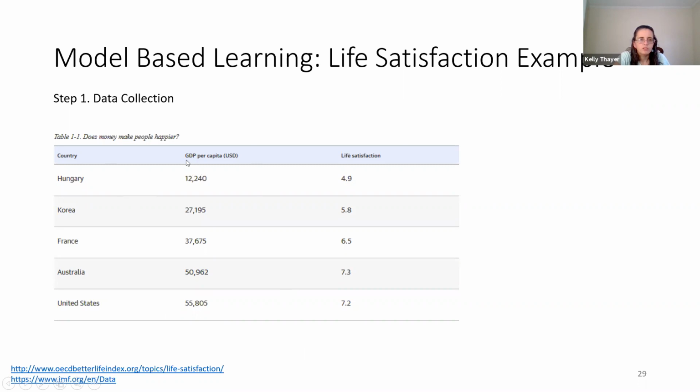This is the GDP per capita, which is apparently some measure of wealth. And over here we have life satisfaction. So we might say, does money make people happier? This could be our question of interest. And so we might apply some model-based learning to find out whether people are happier when they have more money.